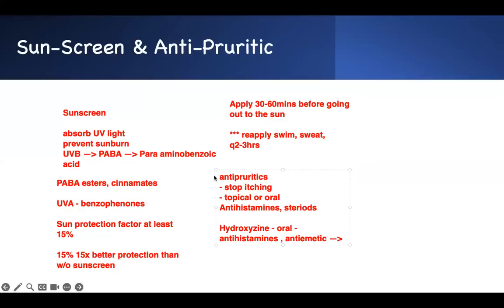The biggest problem is drowsiness. So when you take it, you got to be careful. This drowsiness can be used as a good effect. If you have insomnia, yeah, you can take it so that you can sleep. So you can take it at night, and that will help you from scratching yourself during the night. And if you have a sleeping problem, this will help you.